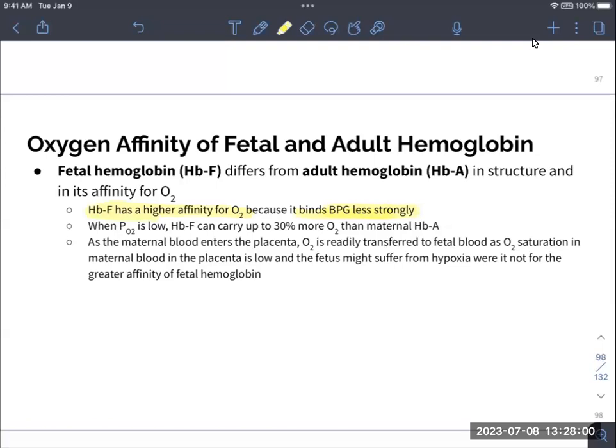So when that pressure for oxygen is low, that fetal hemoglobin can carry 30% more oxygen than their mother's hemoglobin can. So when that mother's blood enters that placenta through the process of getting that fetus the nutrients that they need, including oxygen for their tissues, oxygen easily gets transferred over to that fetal blood, over to that fetal hemoglobin.